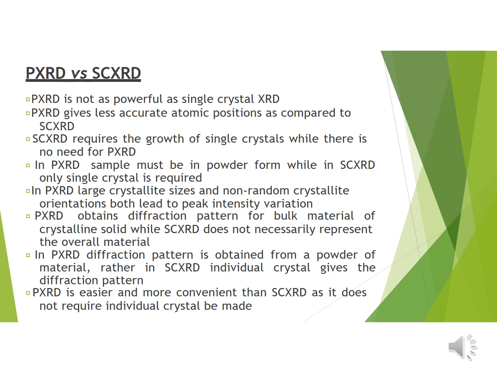In powder X-ray diffraction, the pattern is obtained from powder of the material. Rather, in single crystal X-ray diffraction, individual crystals give the diffraction pattern. Powder X-ray diffraction is easier and more convenient than single crystal X-ray diffraction, as it does not require individual crystals to be made.